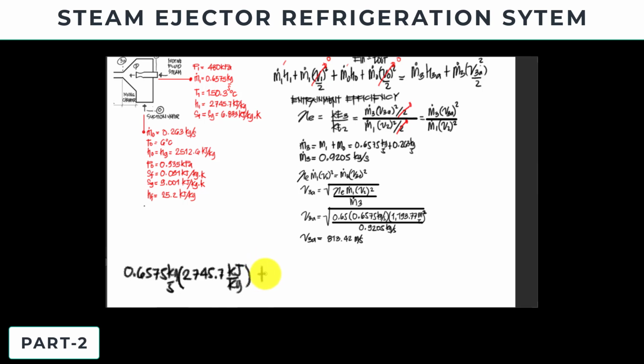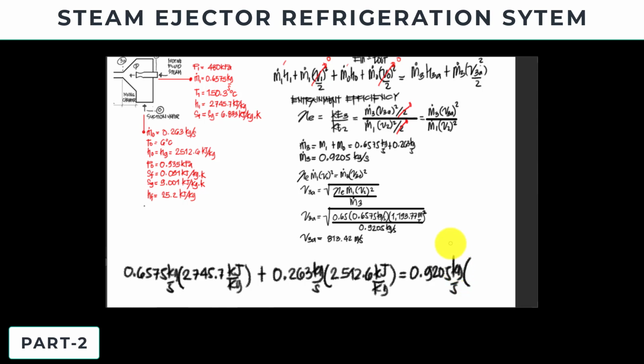And then we add the mass flow rate at O, 0.263 kilogram per second, multiplied by the enthalpy O, that will be 2512.6 kilojoule per kilogram. And then equate to the mass flow rate 3, where my mass flow rate 3 is 0.9205 kilogram per second.